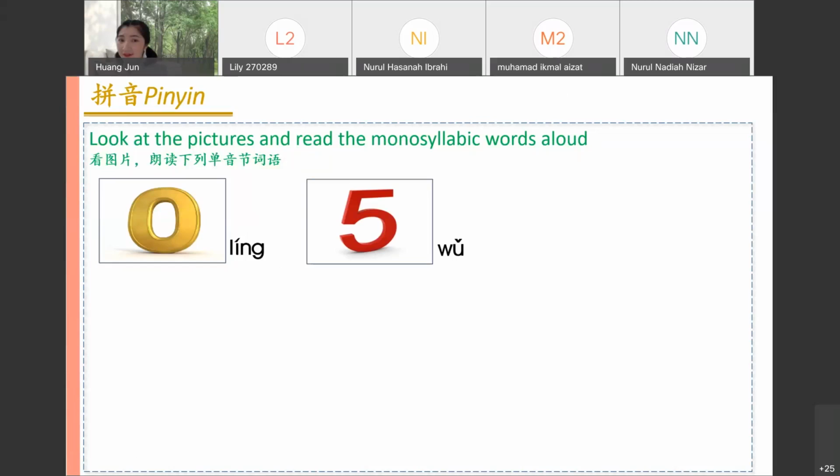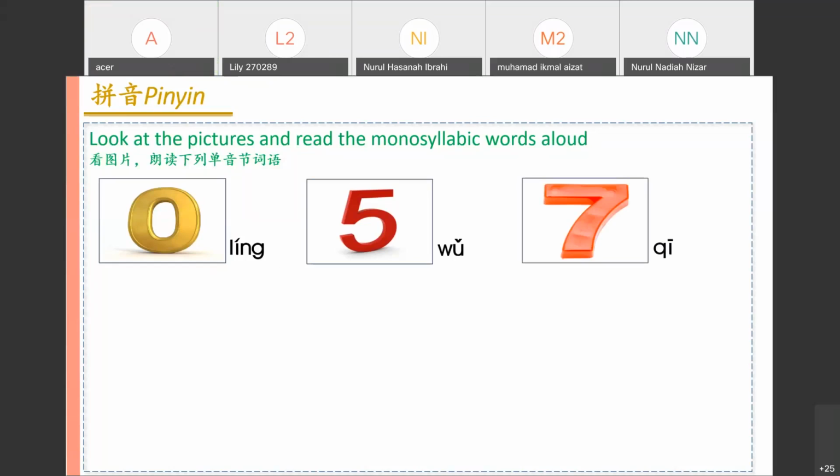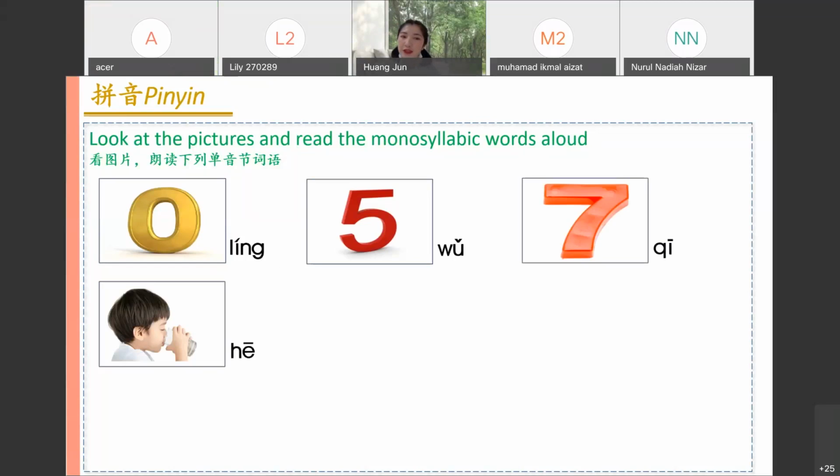How do you read number 5? 五, tone, 五. Number 7? 七. Push more air, it's the cheese sound, 七. This one? 二.